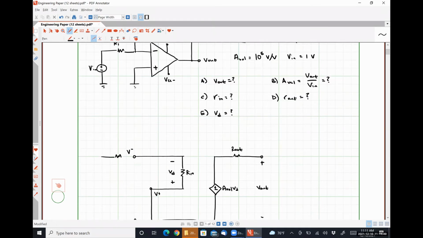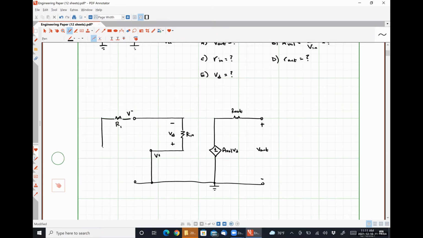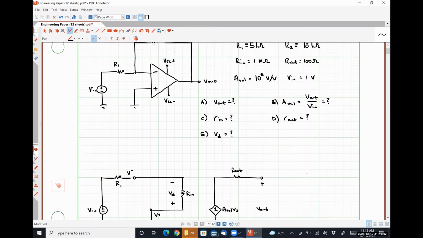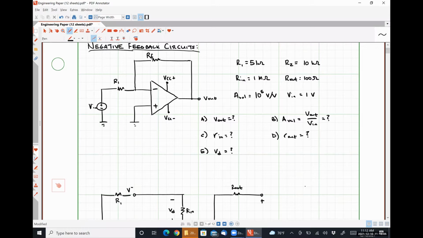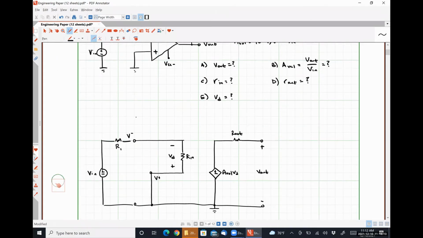So here's my resistor R1, here is my input voltage source. And between the inverting input terminal and the output terminal, I have that feedback resistor RF, like so.